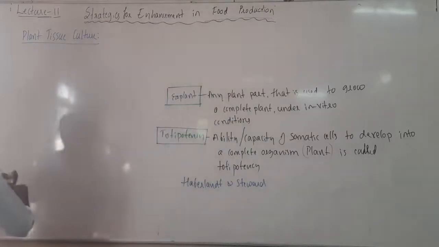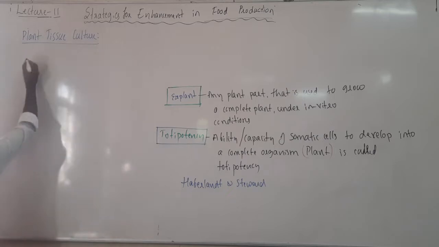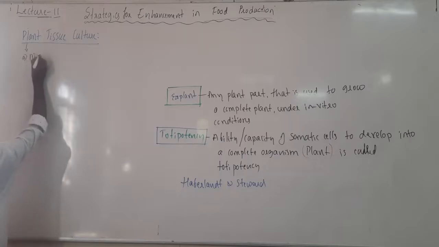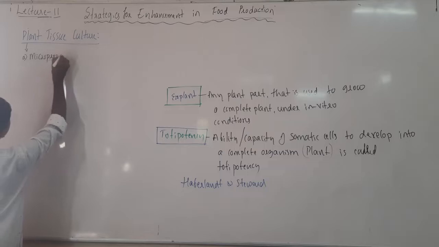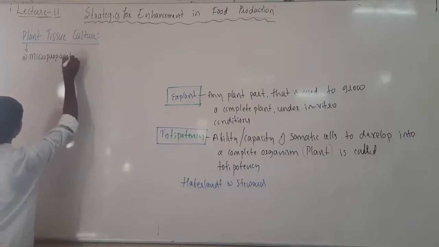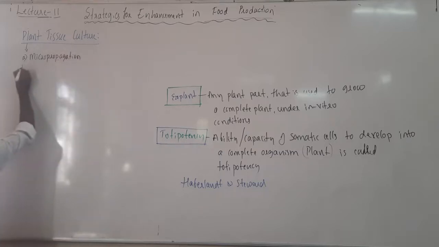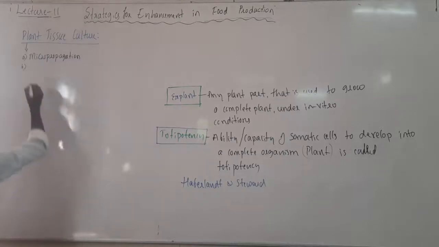So we have 3 major techniques in plant tissue culture. First one, micropropagation. Second technique is meristem culture.